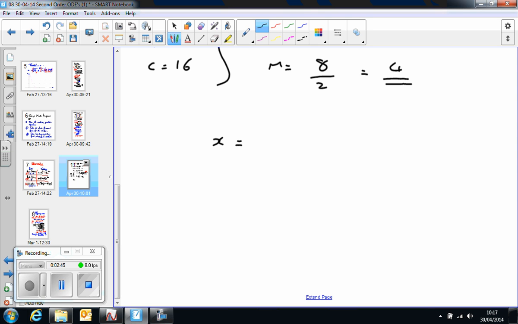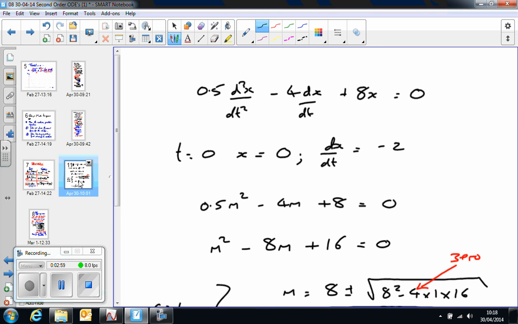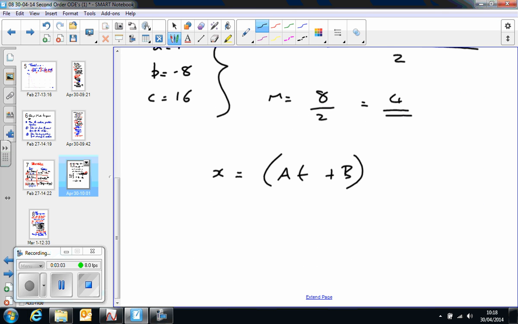x equals, remember we're talking about time, our x is t. Is that how I've written it? Yeah, at plus b, that's right. So at plus b, e to the 4t.